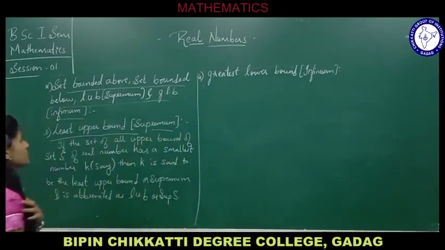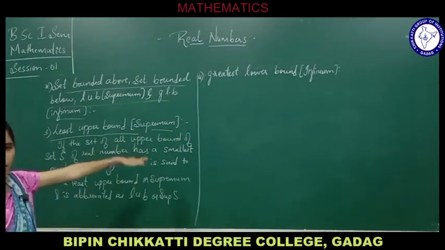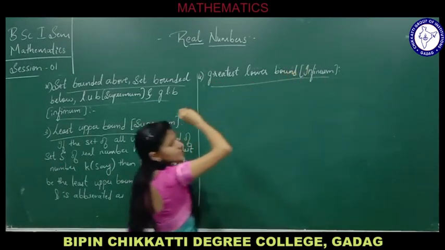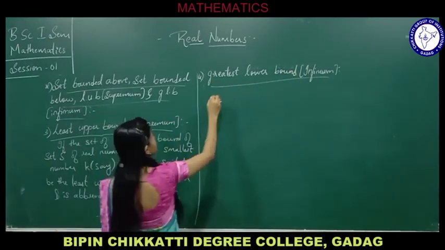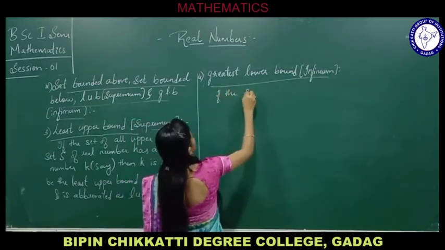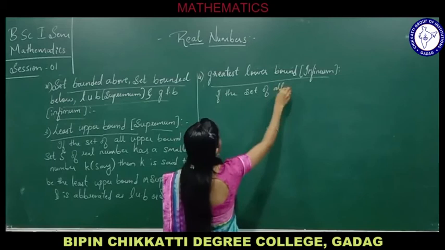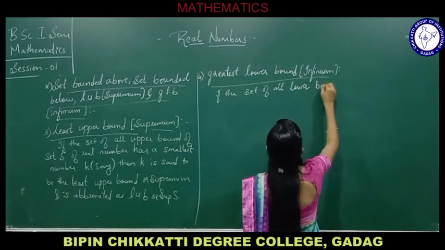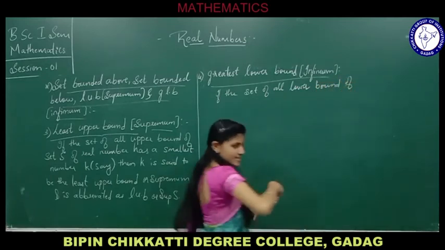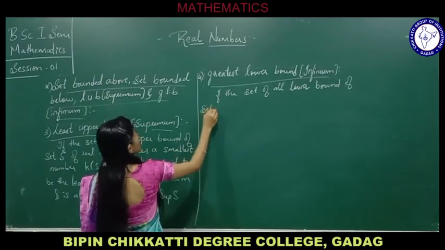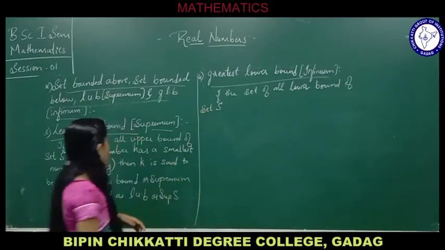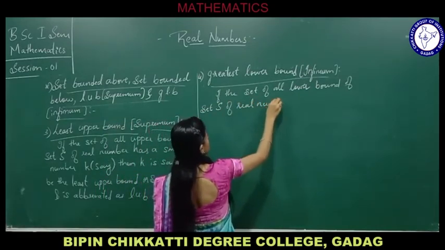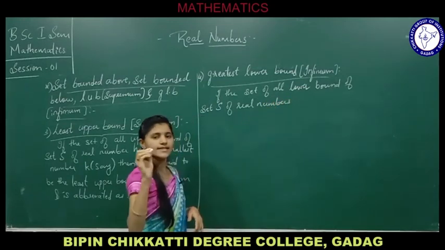See how we have defined it: if the set of all upper bounds of the set, yes, we have written, no? The same way here we write, if the set of all lower bounds of set S of real numbers has a greatest number.